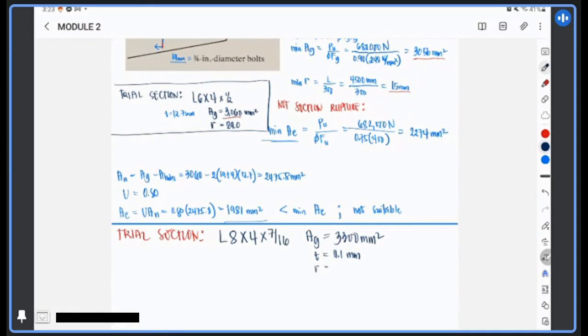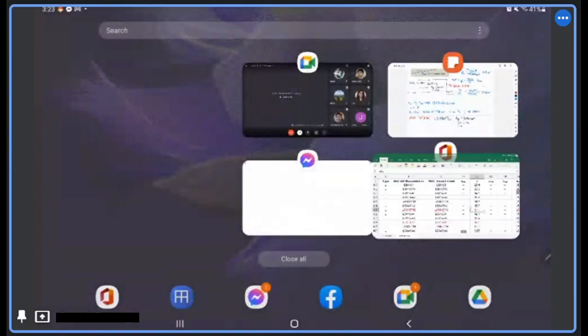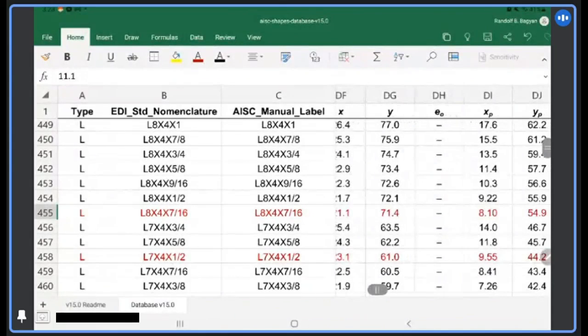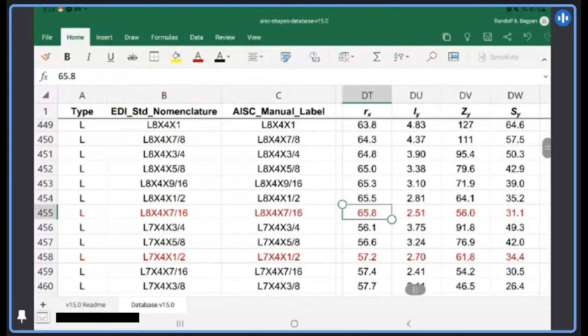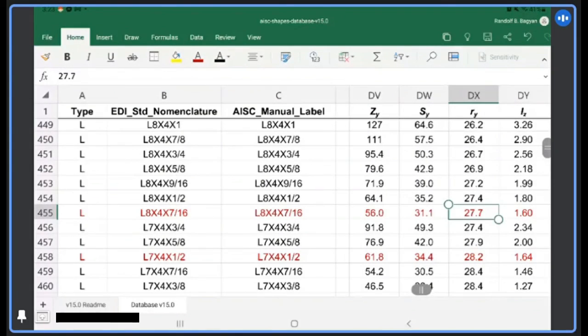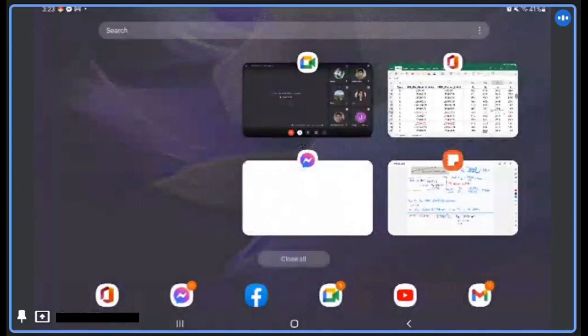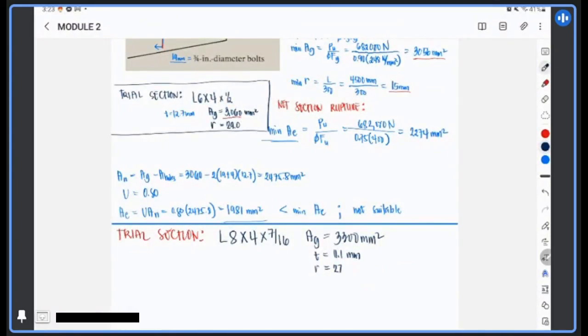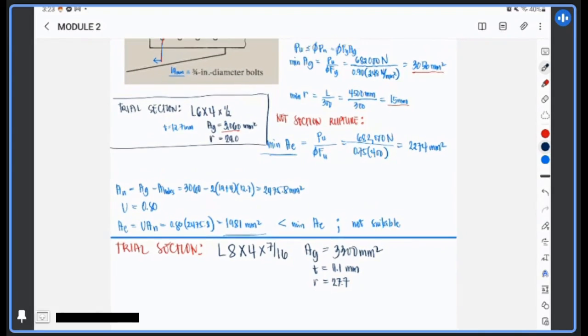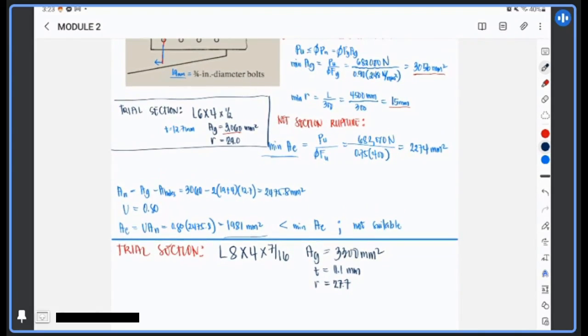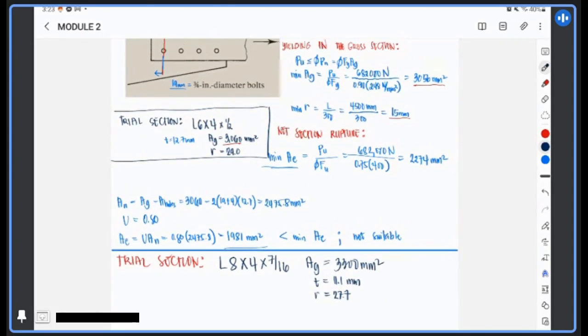The minimum radius of gyration is the minimum of Rx and Ry. Rx is 65.8 and Ry is 27.7. We choose 27.7 para pumasa siya. Since this is greater than the minimum 15, papasa na siya for the slenderness ratio and also for gross area yielding, because the minimum for gross area yielding is 30.56.